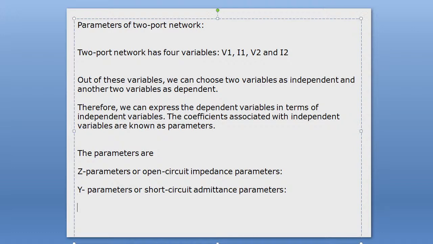The third one is the h parameters, written in small letter, or hybrid parameters.